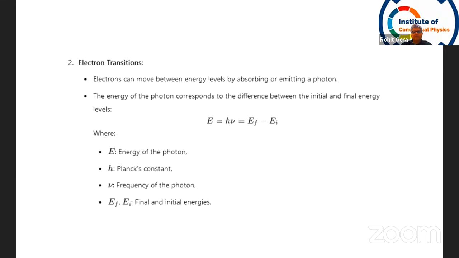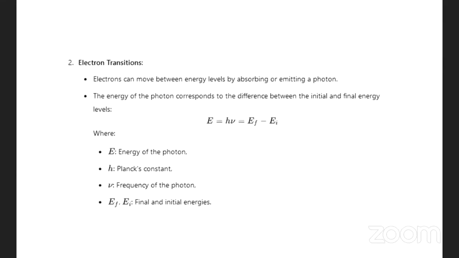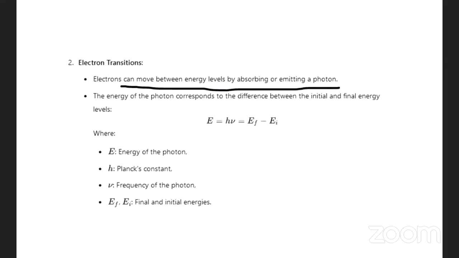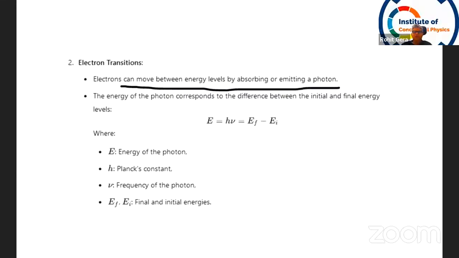Electrons can move between energy levels by absorbing or emitting a photon. If you absorb energy, you are at a lower energy level, you will go to the higher energy level, maybe move to a different orbit. If you're at a higher orbit, you will fall to a lower orbit and release energy. And the energy is released in the form of a photon.